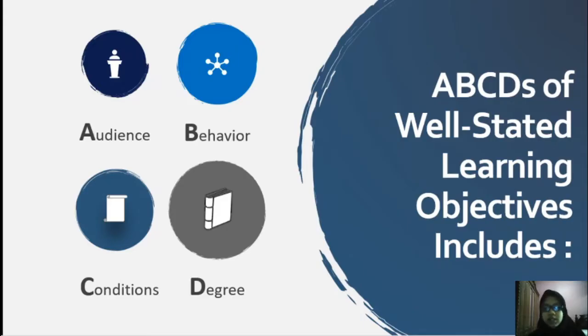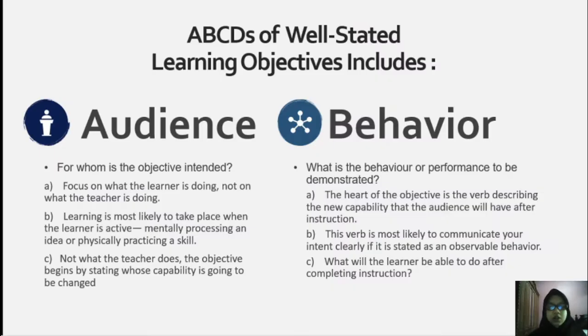So the ABCDs of well-stated learning objectives include audience, behavior, conditions, and degree. So the first of the ABCDs of a well-stated learning objective is audience. So for whom is the objective intended? The audience in this criteria is the students.